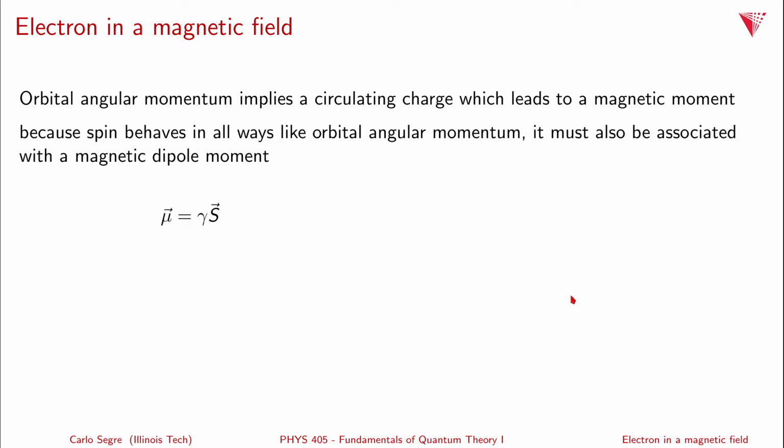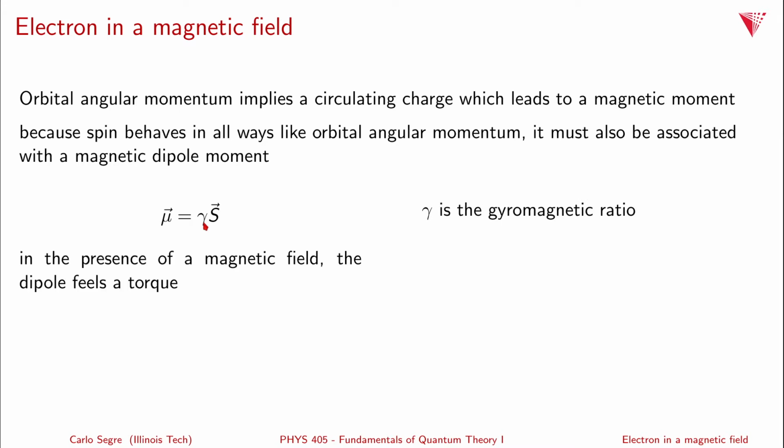We can write that moment, mu is equal to gamma S, where S is the spin matrix, and so this is now an operator, a magnetic dipole operator. And gamma is called the gyromagnetic ratio, which is a multiplicative factor.